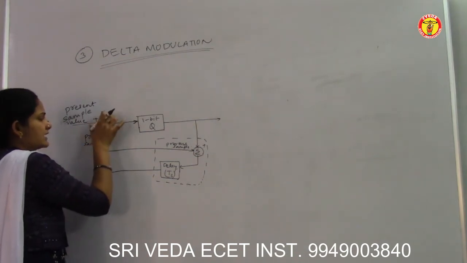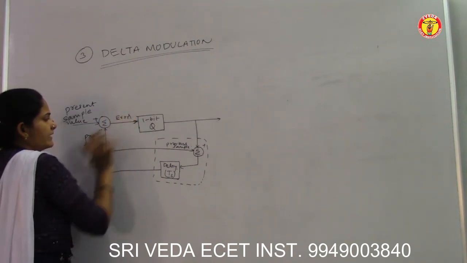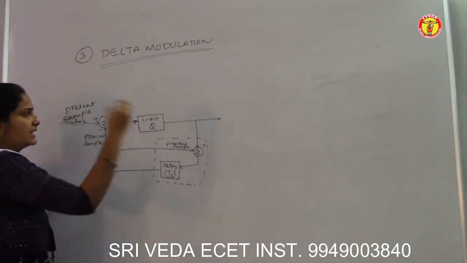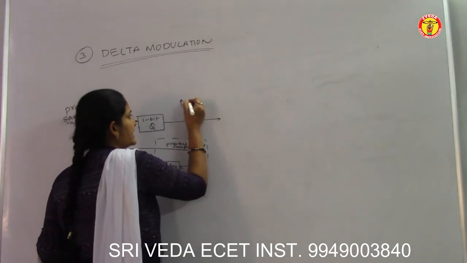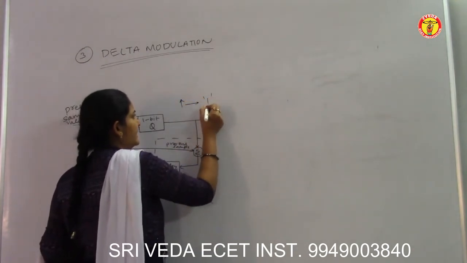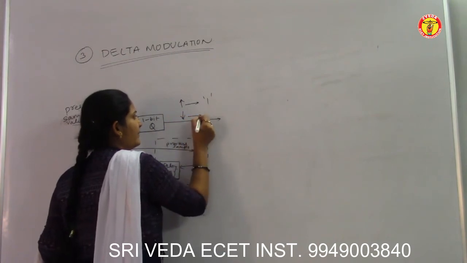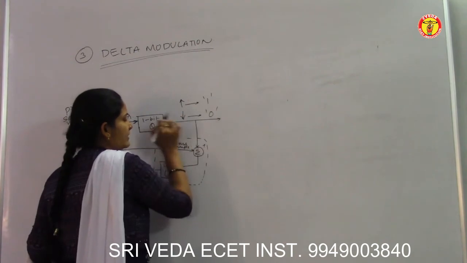Both are fed to this summer, and an error signal is generated here. Based on this error, whether the amplitude is increased or decreased: if the amplitude is increased, then binary bit 1 is generated. If the amplitude is reduced, then binary bit 0 is generated here. This is the output of the 1-bit quantizer.